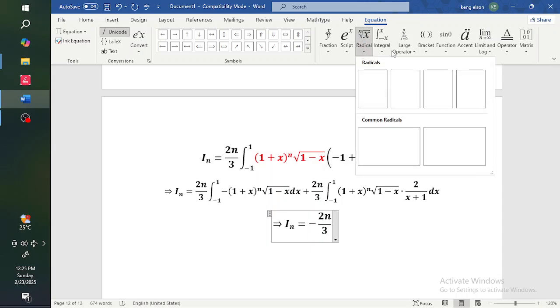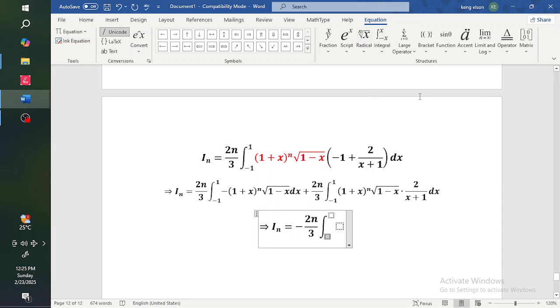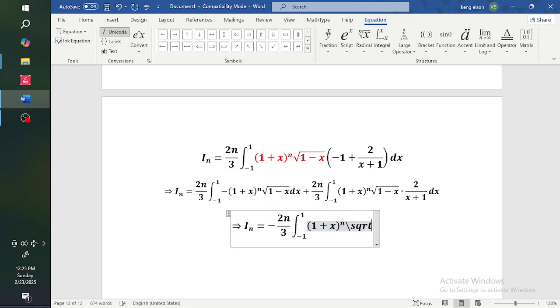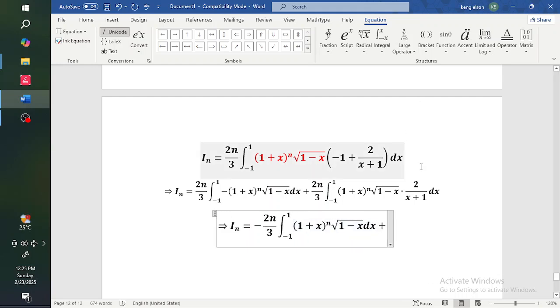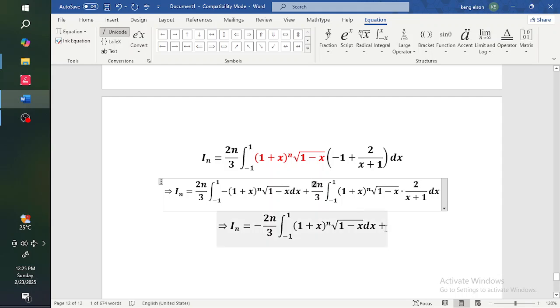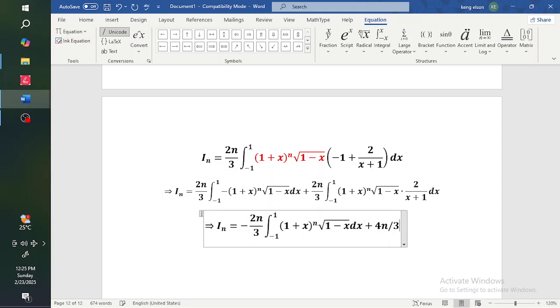We'll be left with the integral from negative 1 to 1 of 1 plus x to the n times the square root of 1 minus x dx. Now plus, this 2 that is here meets with the 2 outside here to give us 4. So we have 4n over 3 times the integral from minus 1 to 1.